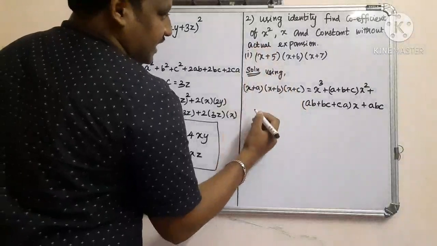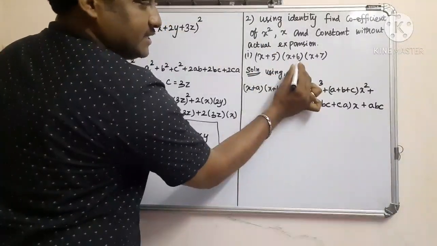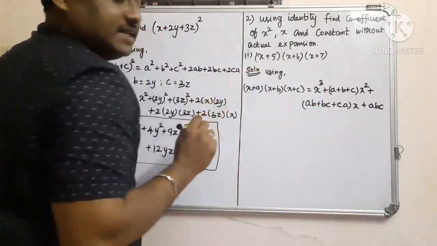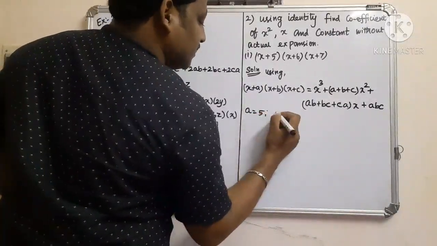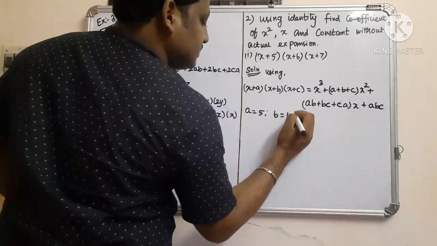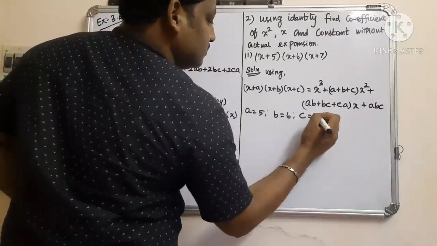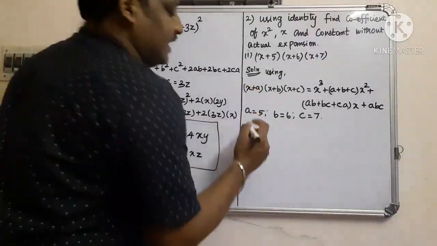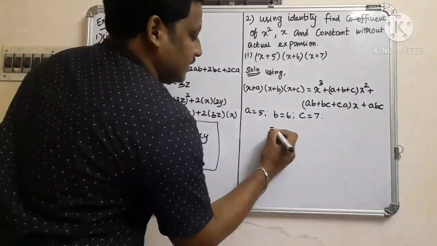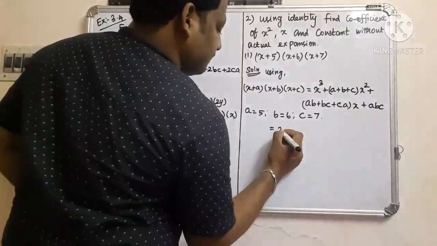So instead of a, here 5 is there, instead of b 6 is there, instead of c 7 is there. So a is equal to 5, b is equal to 6, c is equal to 7. Now we substitute the values in the formula.